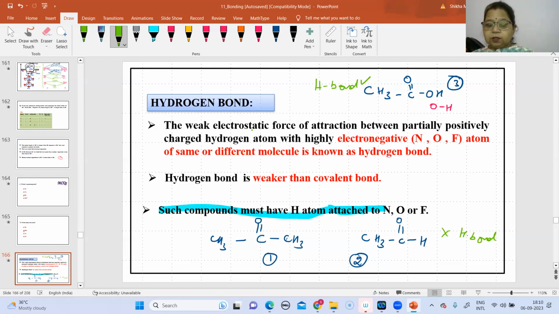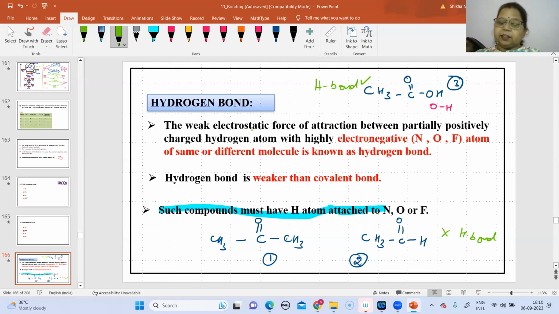Is it clear to all of you? Because this is a very small concept, and believe me, it will be repeated in class 12th also. In the book 2, organic chemistry, carrying 34 marks, one of the questions is on hydrogen bonding and solubility, which are related to each other. So please, it's very easy. The key thing to understand: find hydrogen attached to, not just present.